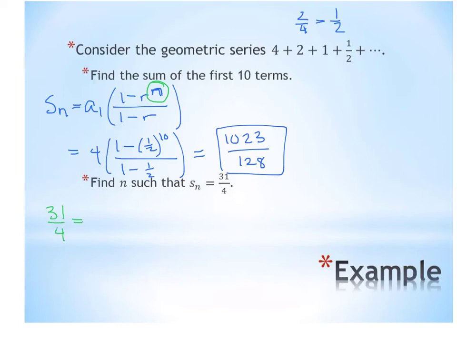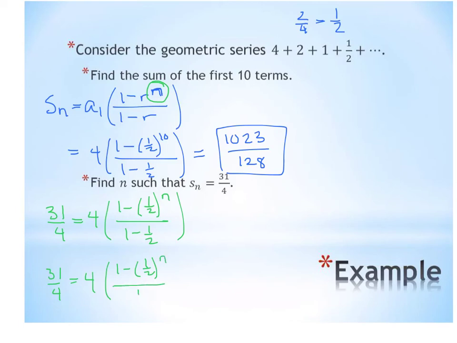A sub 1, still 4. 1 minus, r is still a half, but now this is n over 1 minus a half. So we need to whittle this down a little bit. So let's make this 31/4 equals 4 times 1 minus a half to the n over a half.